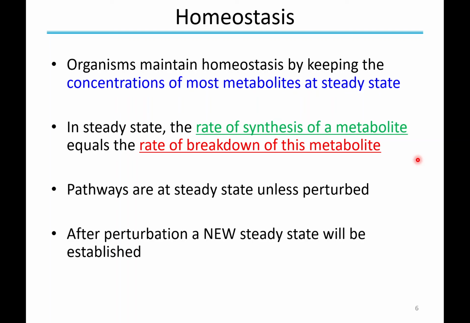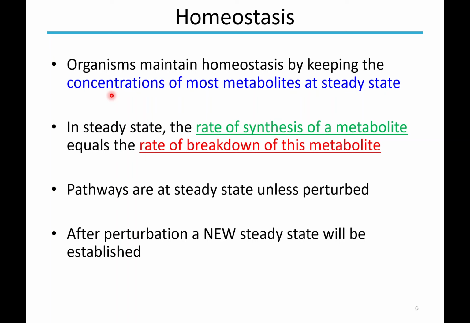The cell tries to maintain a steady state of metabolites in itself, and that's known as homeostasis. Homeostasis means the concentrations of at least most metabolites are at what is known as steady state. They don't change.